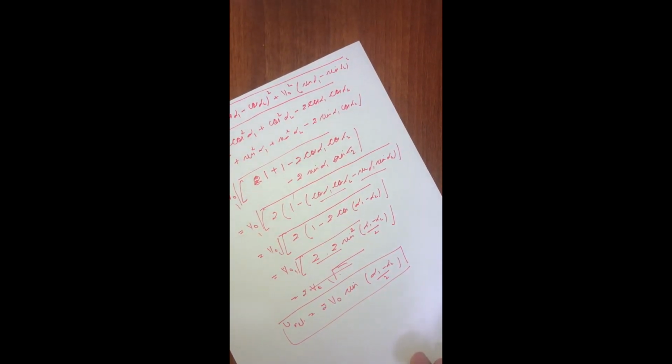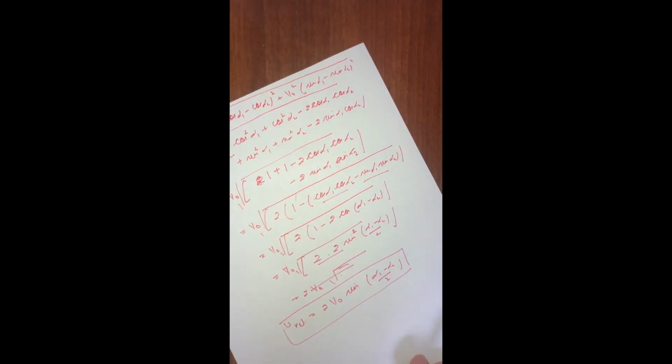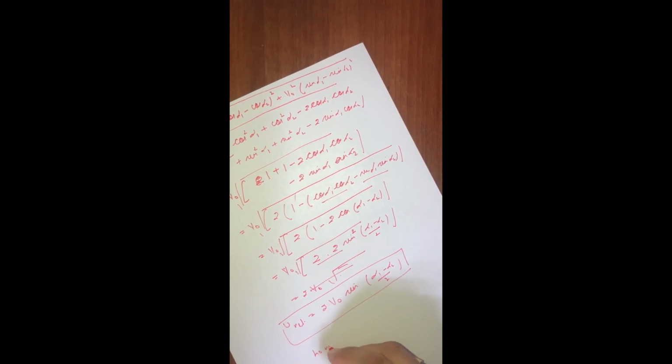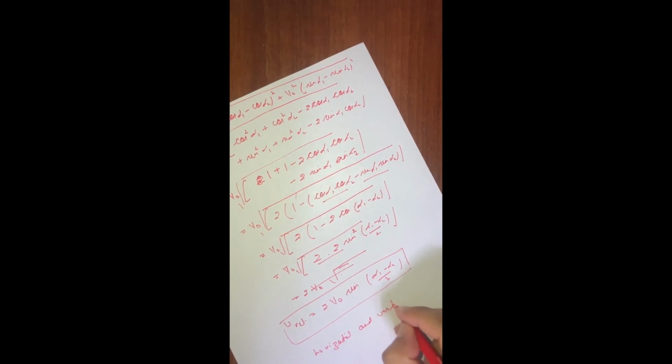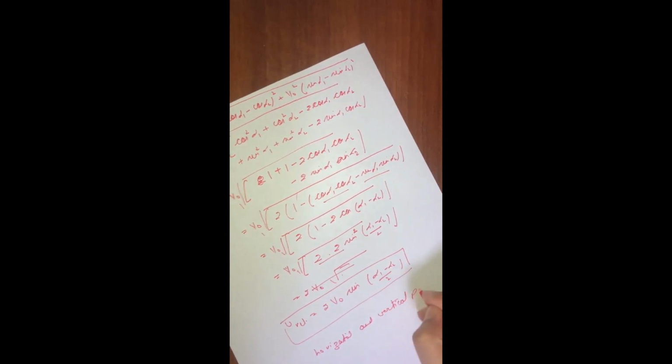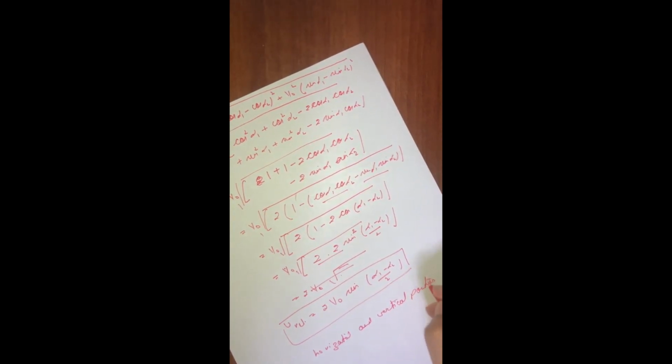Second, we are going to find the distance between the two bodies after time t. For this we use both the horizontal and vertical positions as a function of time.